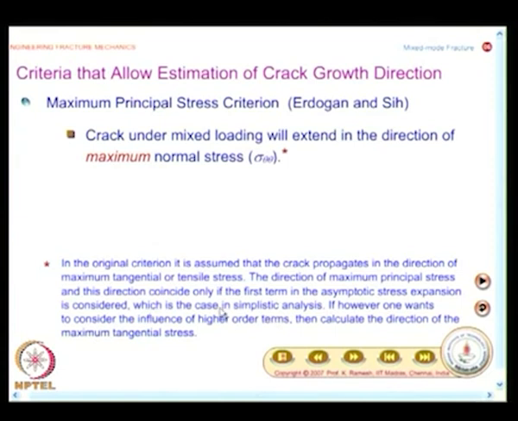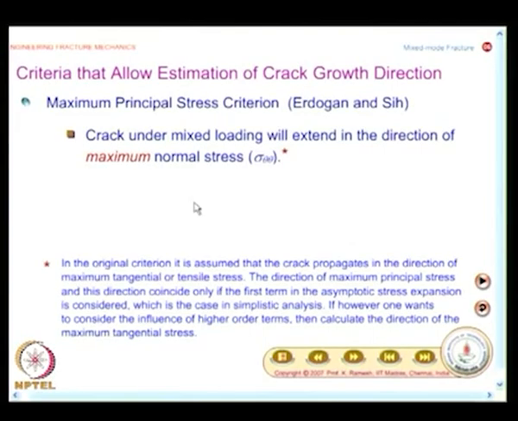In the case of simplistic analysis, the maximum principal stress direction and the direction of maximum value of sigma theta theta coincide. If however, one wants to consider the influence of higher order terms, then calculate the direction of the maximum tangential stress.